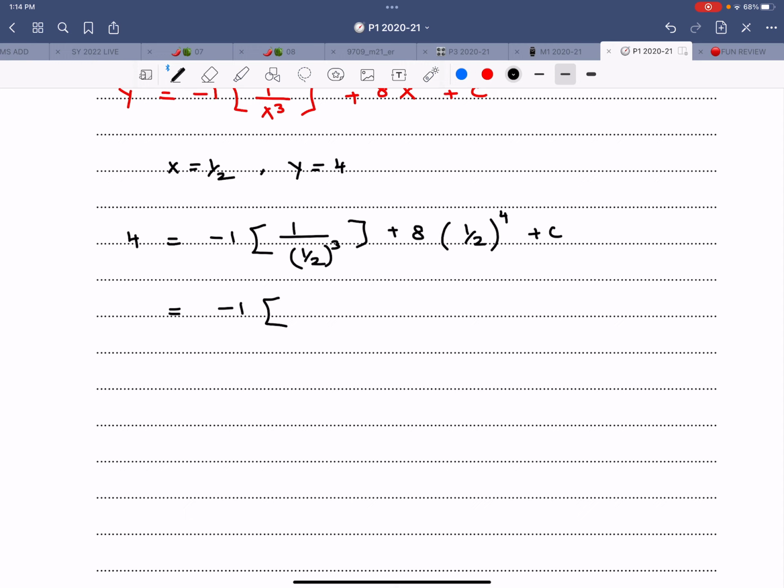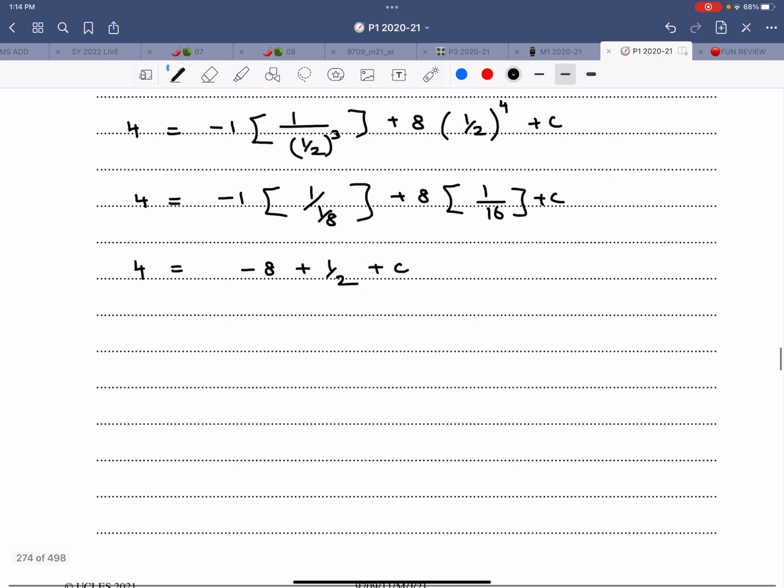Minus 1 over 1/8 plus 8 multiplied by 1/16 plus c. This is negative 8, this is half, this is c. So 4 plus 8 is 12. 12 minus half, therefore c comes out to be 11.5 or 11 and a half or 23 over 2.